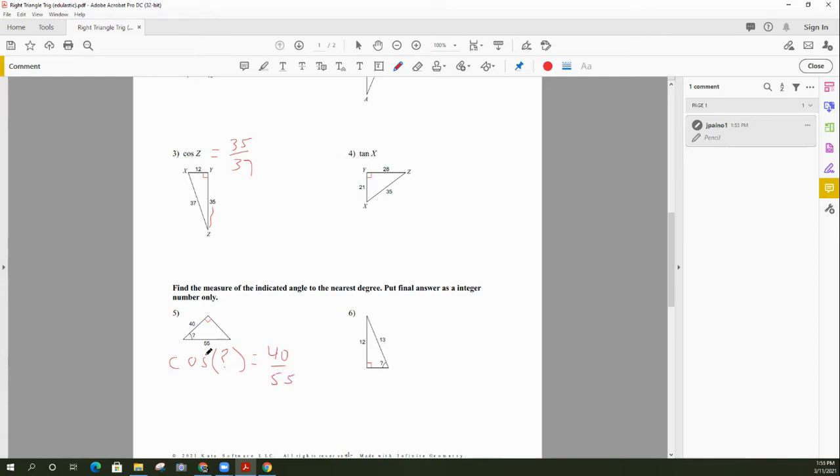I have to solve for x, so I want to do the inverse cosine, the one with the little -1 there, 40 over 55. We'll just type that into our calculator and see what we get here.